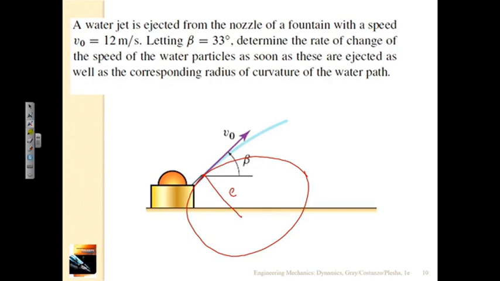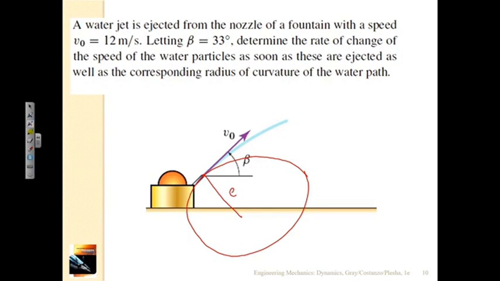Okay. How do I put all this together? There's one thing that we've got to think two classes back to think about. If this water particle is a particle, and we're shooting, this is just projectile motion with gravity in the downward direction.